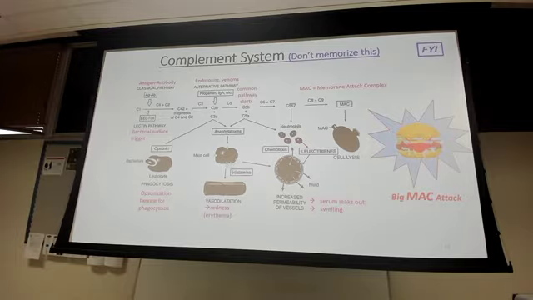But if those factors fail, then we can get damage to healthy tissue, which can cause other issues later on. Most of the time our body does a pretty good job of stopping that. But you'll see here in some types of autoimmune diseases that it can't, and then that MAC attack is going to come through and punch holes in healthy cells and cause other issues down the line.